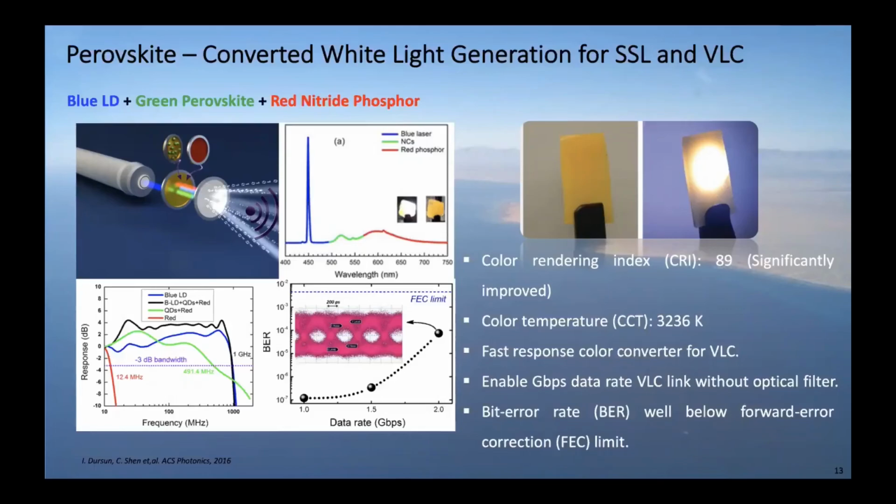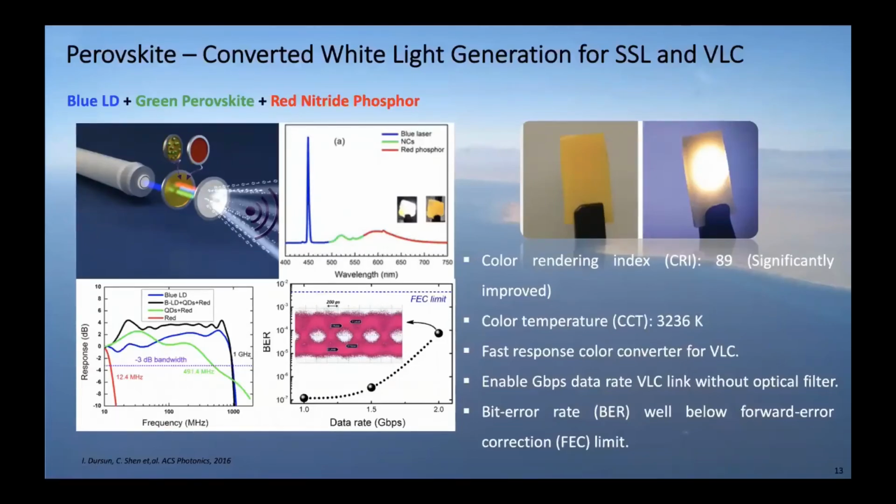Close to 90 means that we only have a few sun spectrums missing to match the sun spectrum CRI of 100. And the color temperature is now becoming warmer because we tune it to about the 3000 Kelvin region. Yet we are still able to keep above 1 gigabit per second of modulation.